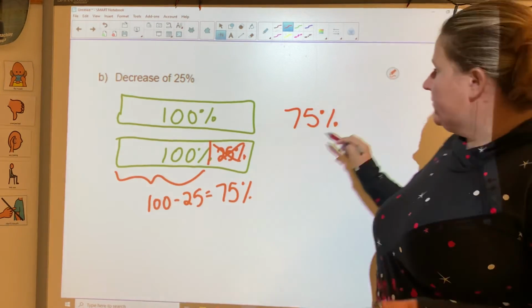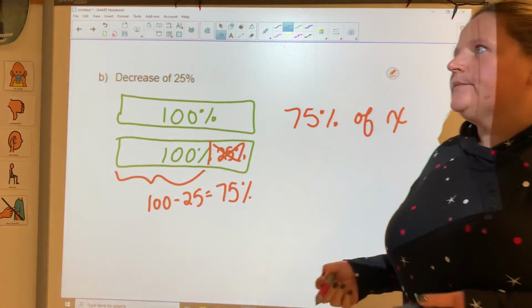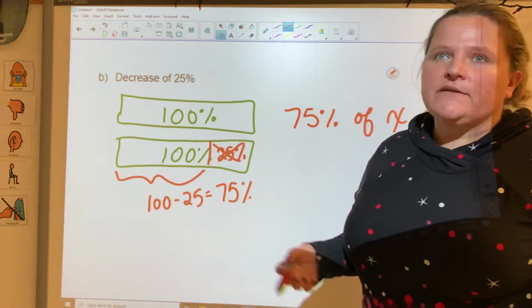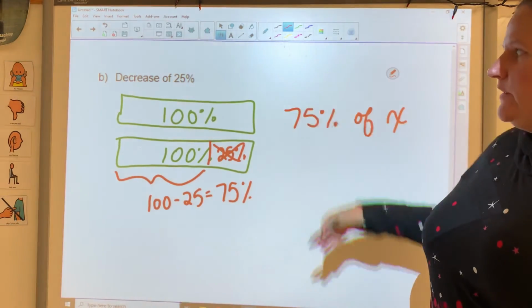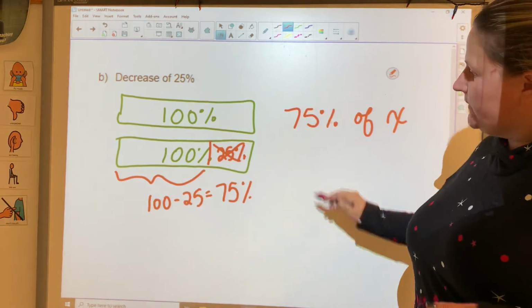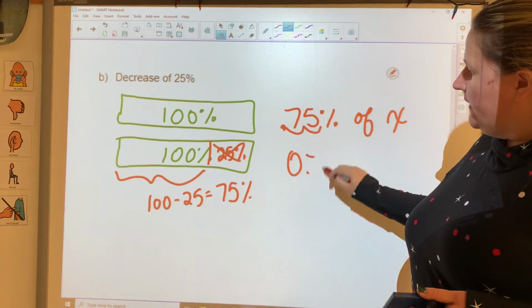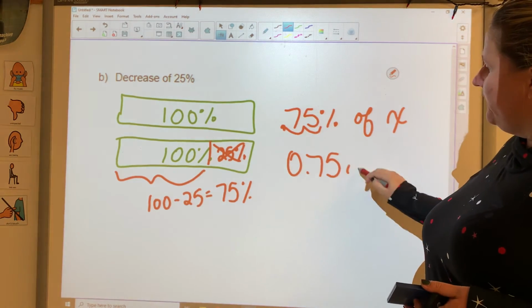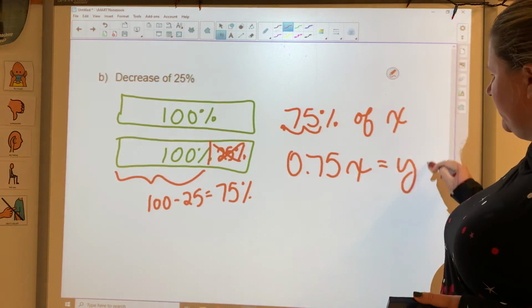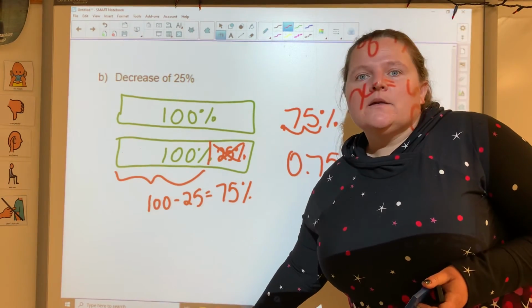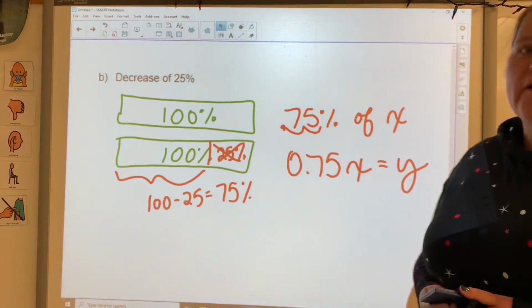We have 75% of whatever it is, if we're talking money, number of bison, fish in a pond, whatever. There was a decrease of 25. So we can rewrite the 75%, remember, as a decimal, 0.75 of my X, we don't know what it is because we don't have a word problem here, is going to give me Y. So that's how you can write an equation to show a decrease of 25%.